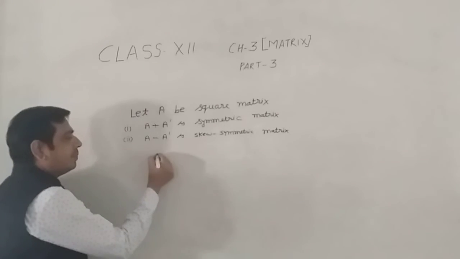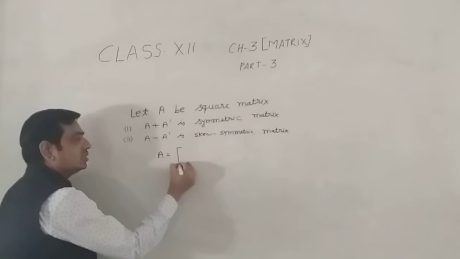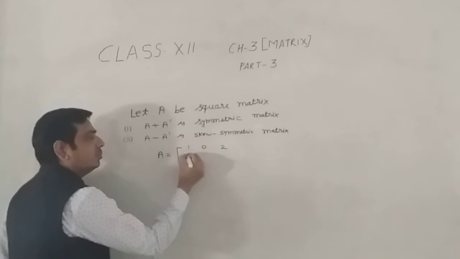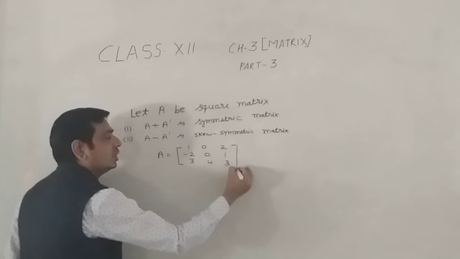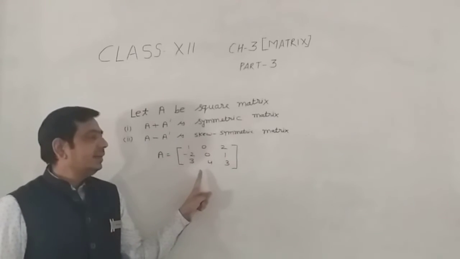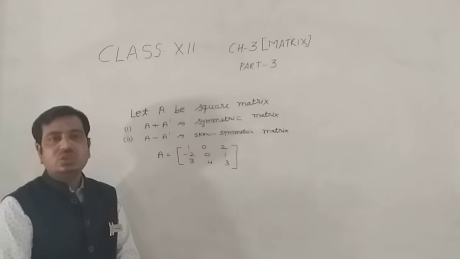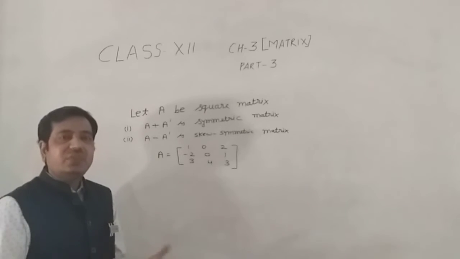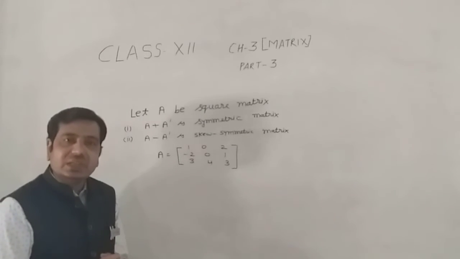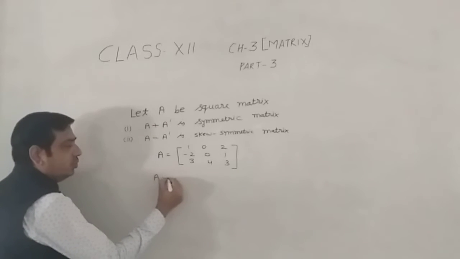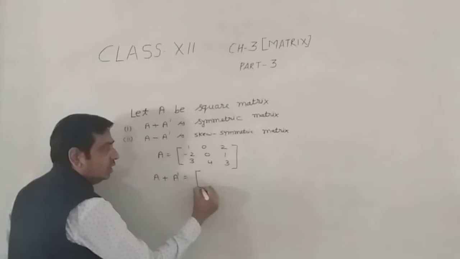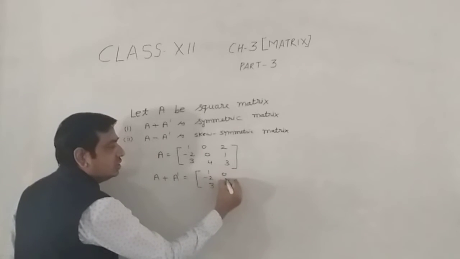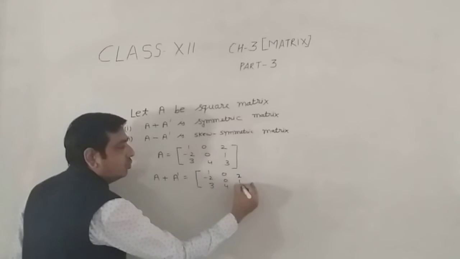Class, this is a square matrix: 1 0 2, minus 2 0 1, 3 4 3. Suppose it is neither symmetric nor skew symmetric, but I want to convert it into a symmetric matrix. Then what do we do? We add the transpose of this matrix to this matrix. So 1 0 2, minus 2 0 1, 3 4 3, and you add the transpose of this matrix: 1 minus 2 3, 0 0 4, 2 1 3.